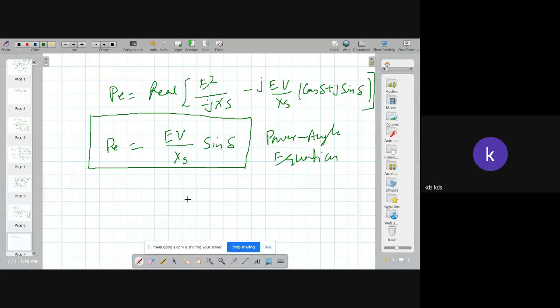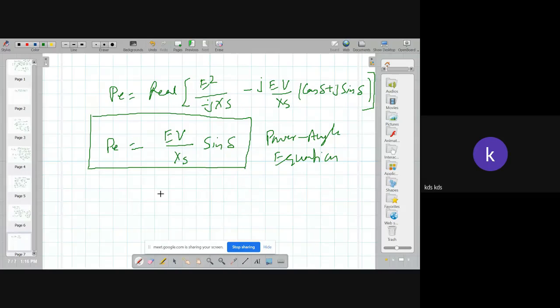This power angle equation is very significant because it represents how much electrical power can be transmitted from the source to the infinite bus during any particular conditions, maybe during steady state conditions, maybe during transient conditions. And based on this electrical power, we draw the power angle curve.